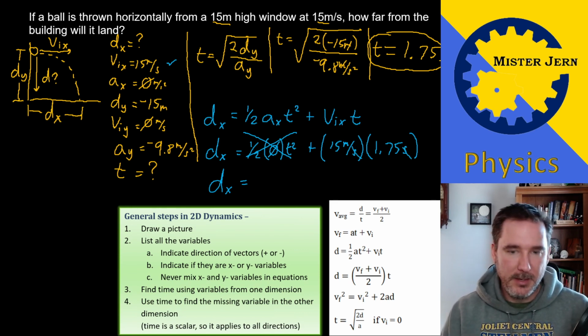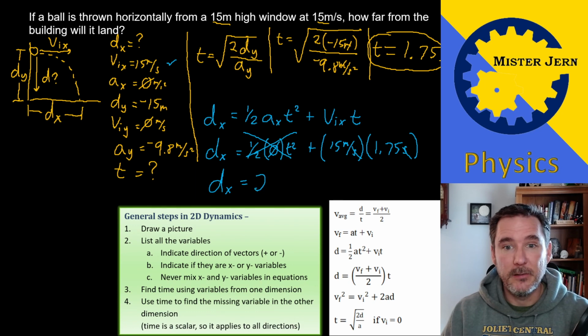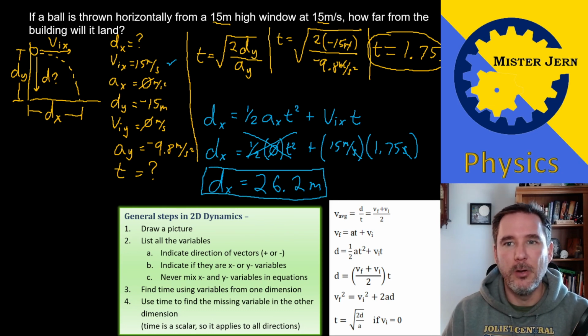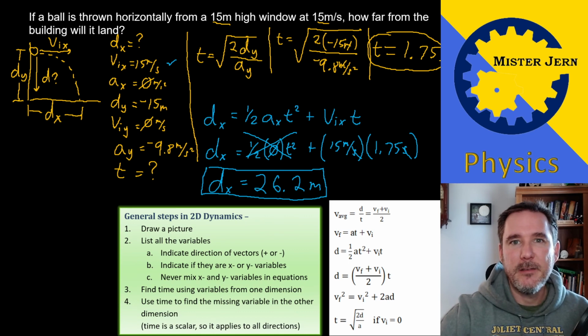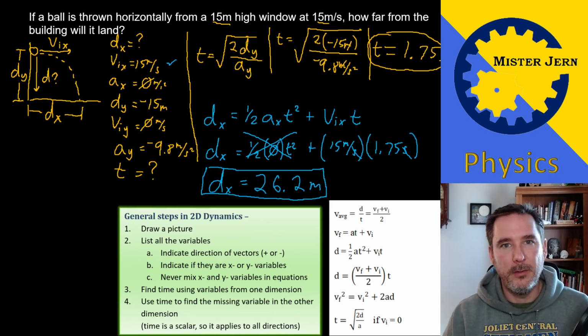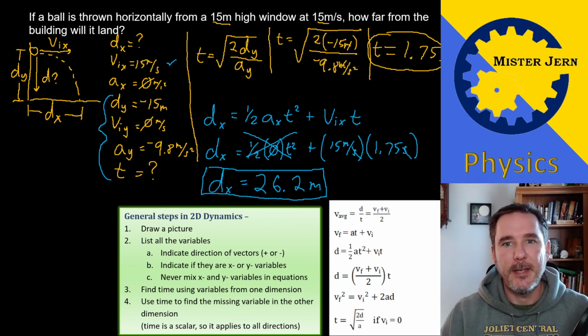And if I put that in my calculator, I get 26.2 meters. So that is how far the ball will go in 1.75 seconds, because we were able to use these variables to figure out time. So just follow those steps and you'll be fine.